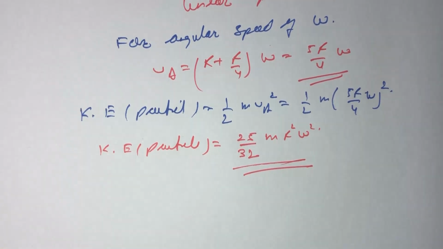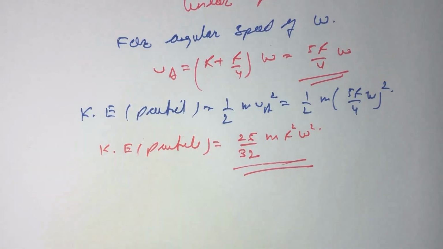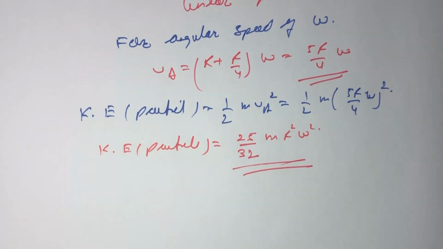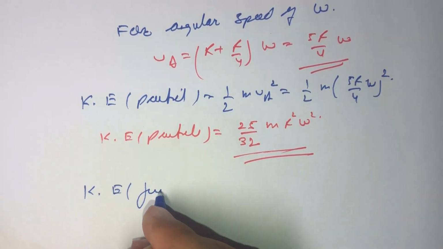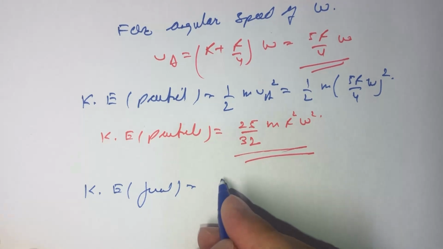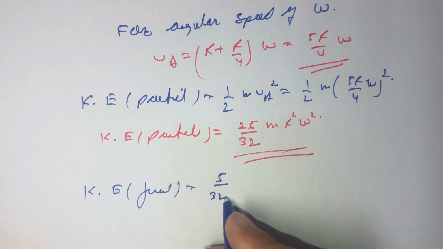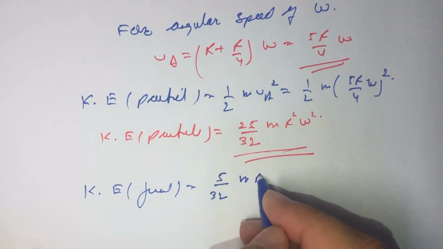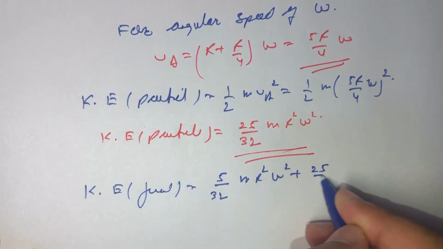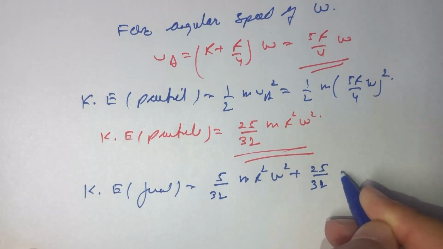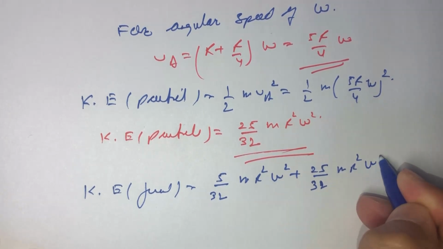Now the total final kinetic energy will be the kinetic energy of the particle plus the rotational energy of the disk. Therefore kinetic energy final is equal to 5 upon 32 m r square omega square plus 25 upon 32 m r square omega square.